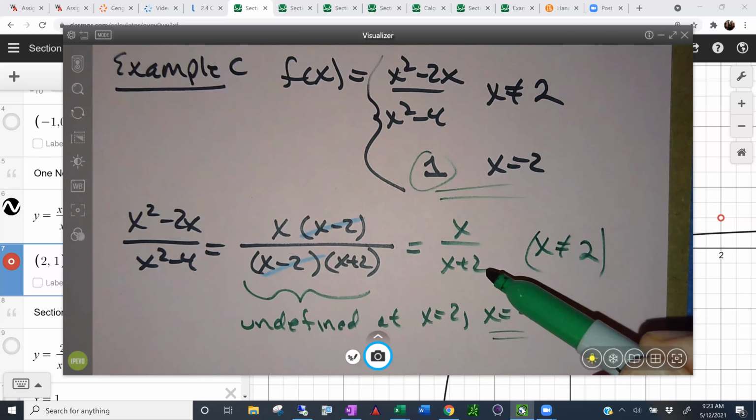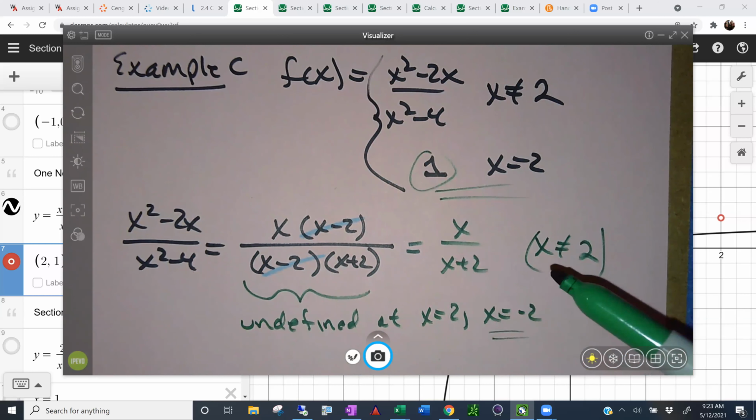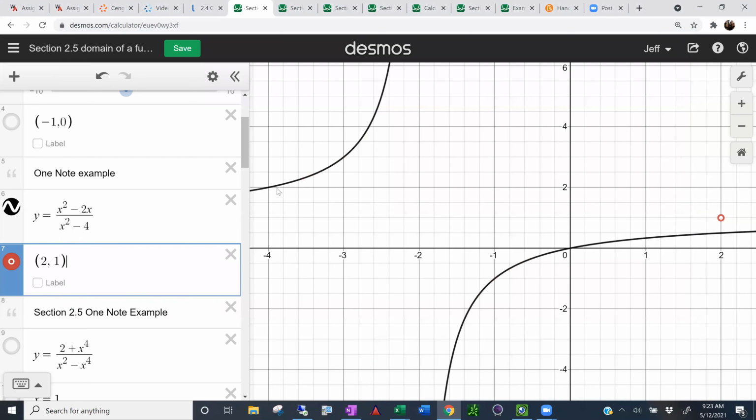This one is going to have a vertical asymptote where? Where's the denominator 0? -2. Thanks, Michelle. So if you look back at the graph, yeah, you've got that vertical asymptote at -2.